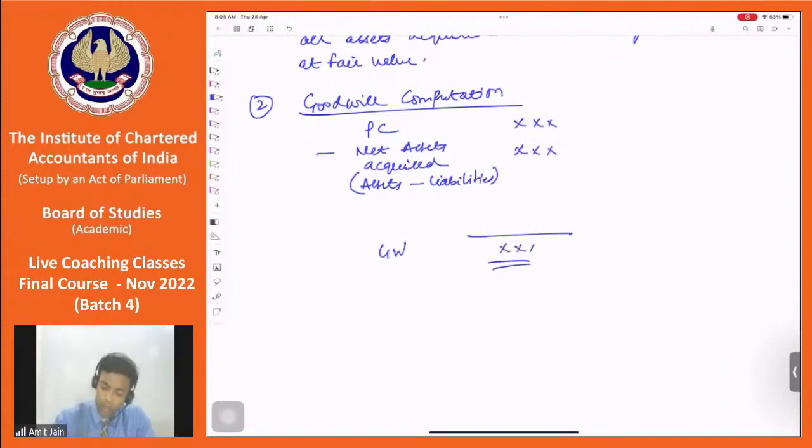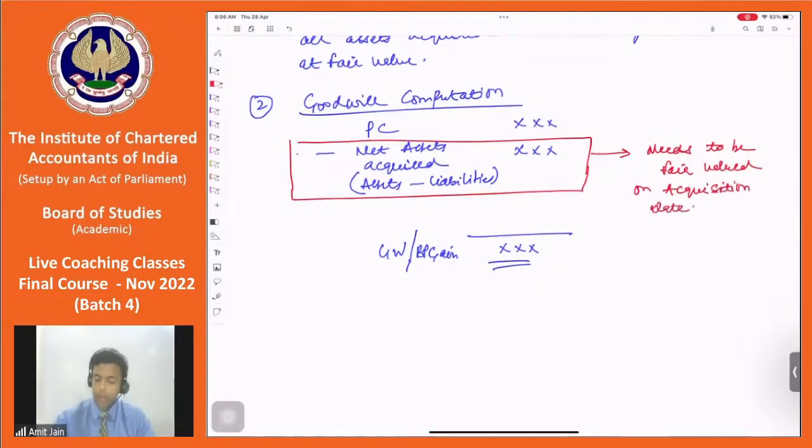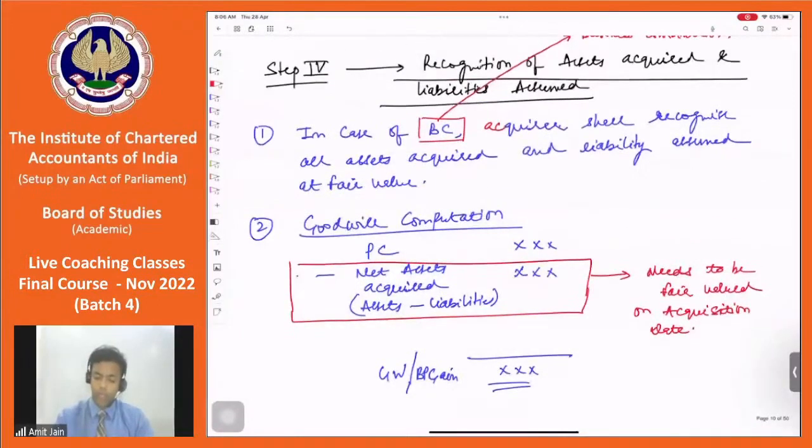Goodwill will be the balancing figure, or bargain purchase gain, correct? And these net assets need to be fair valued on the acquisition date.